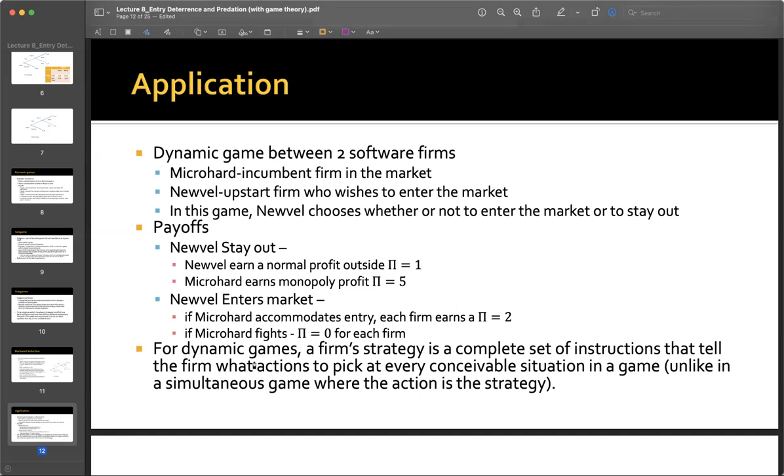This is similar to what we discussed earlier about the Stackelberg model, wherein if Nouvel enters the market and MicroHard fights and sets output equal to the perfectly competitive output, then each company will have 0 profit. For a dynamic game, a firm's strategy is a complete set of instructions that will tell the firm what actions to pick at each situation in the game.